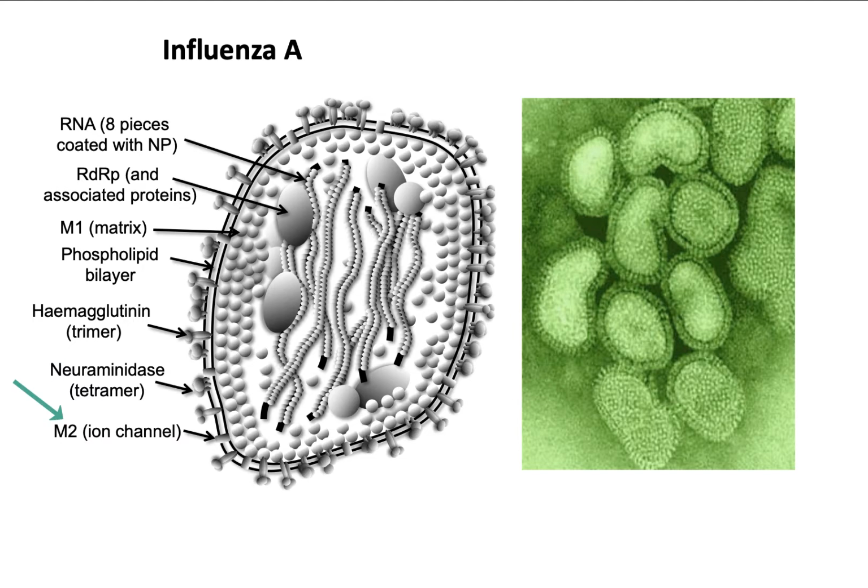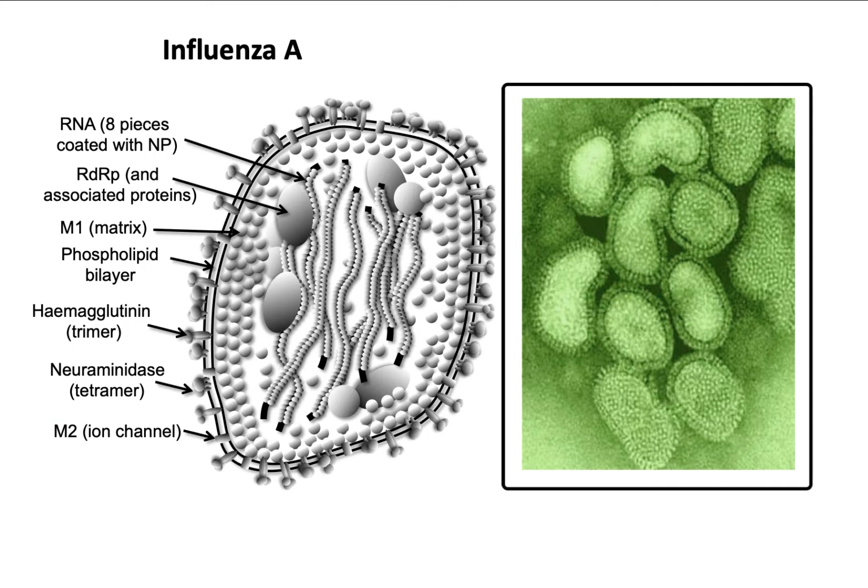And the M2 protein, which is an ion channel, is necessary for release of the virus inside of the cell. And here are some pictures of influenza A taken with a transmission electron microscope. You can see that they take on a variety of shapes.